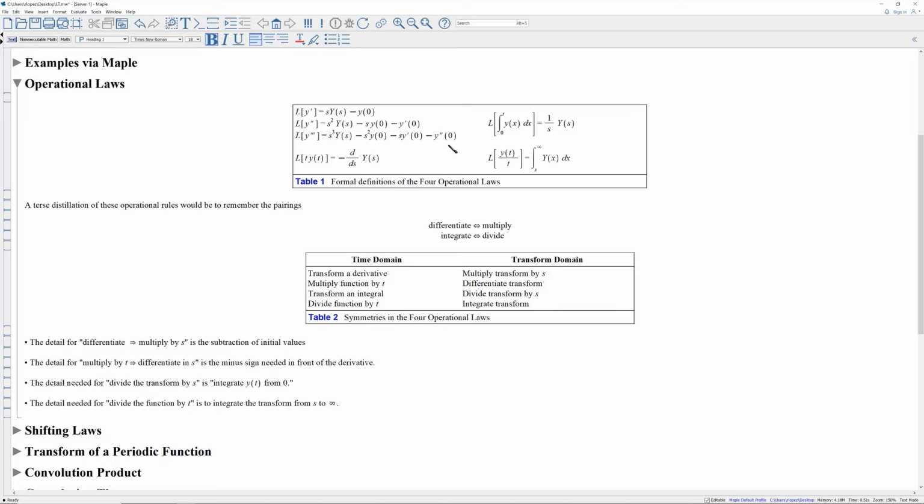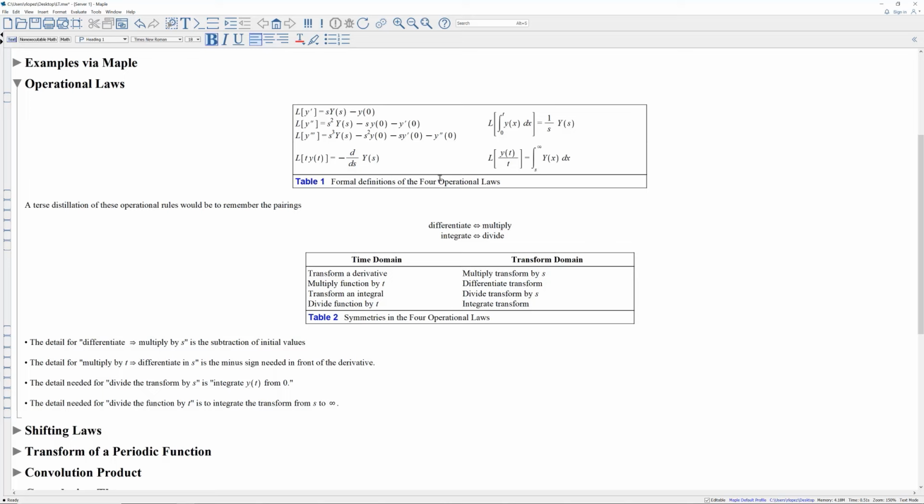There's a minus sign. If you transform an integral of y, you divide by s. But if you divide by t, you integrate the transform. And in each case, there's a detail. You're integrating 0 to t for the detail here. And here the integral is from s to infinity. There's a detail to remember there.